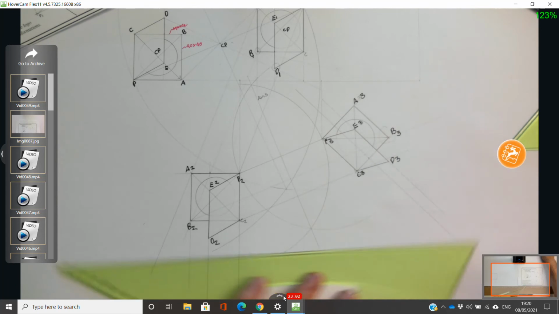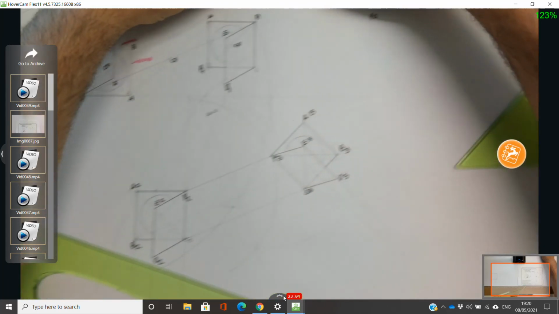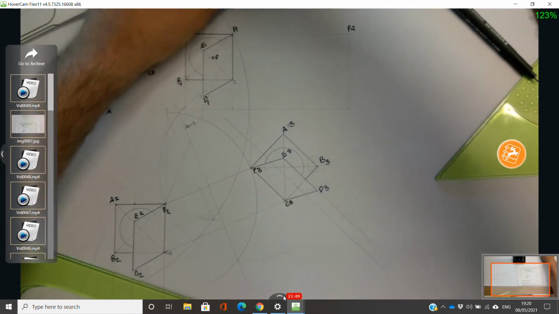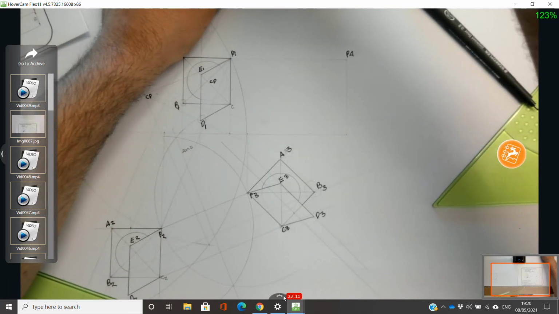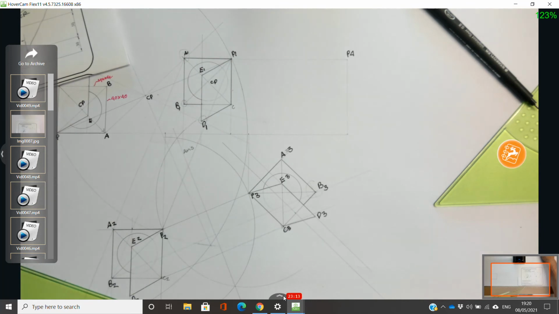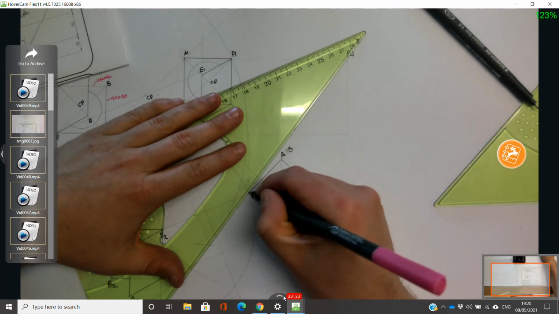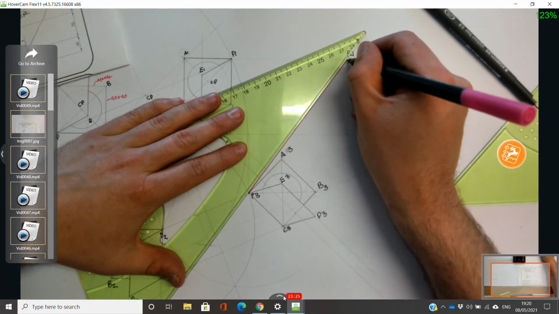Now, the next part is the rotation clockwise 90 degrees. Students find the rotation part the hardest. So, P3 to P4, rotation clockwise 90 degrees.